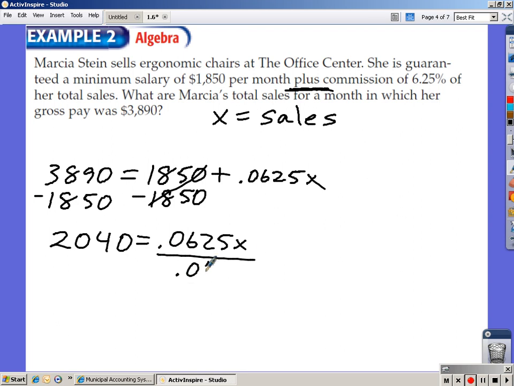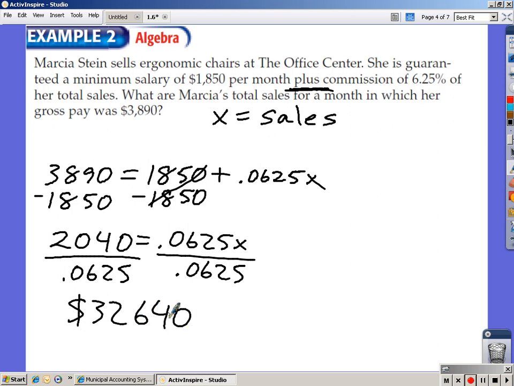Divide both sides by 0.0625. Okay, 2040 divided by 0.0625 in your calculator is $32,640 in total sales. Okay?